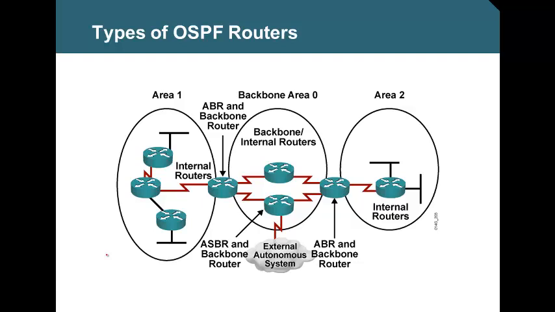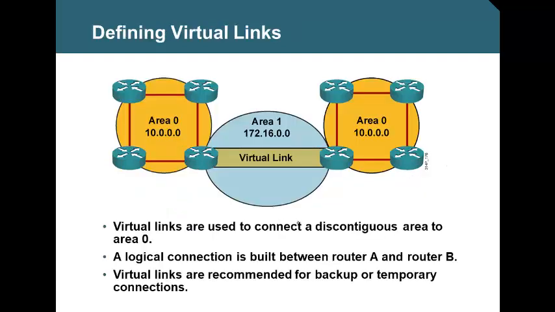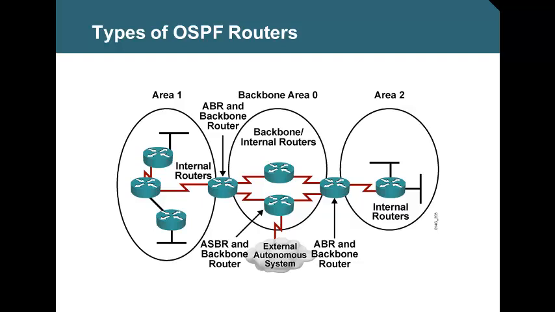Do you have an ASBR here? Yes. Let's say the router ID of this router is 1.1.1.1. Are you following me? This is the router ID of the ASBR, which is this router.